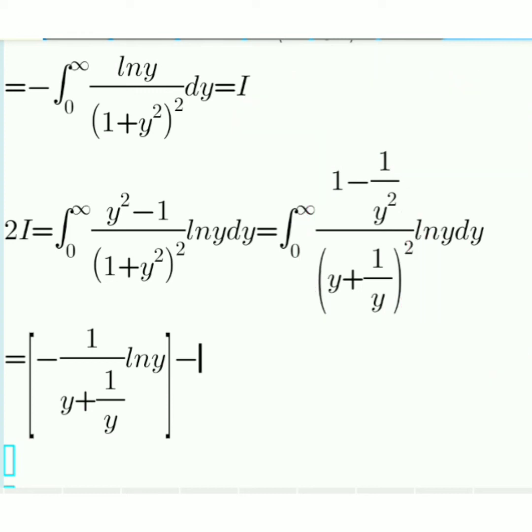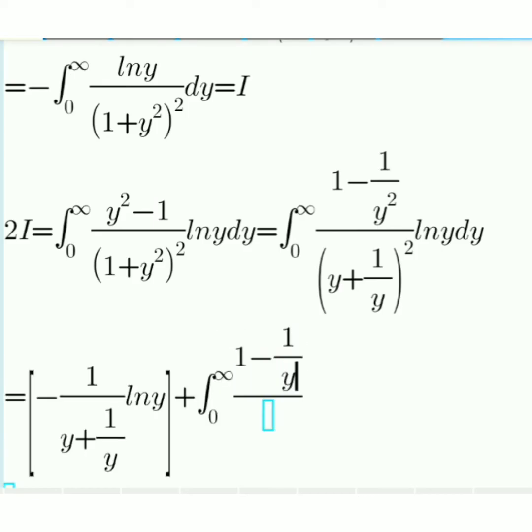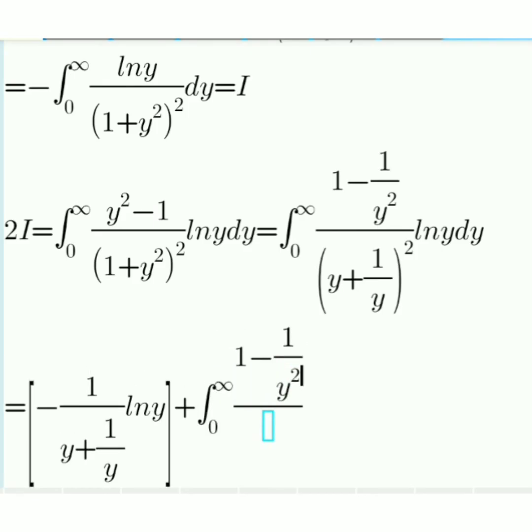Now whatever I can get another way. After by parts I get this way, 0 to infinity, and I can write 1 minus 1 by y square.